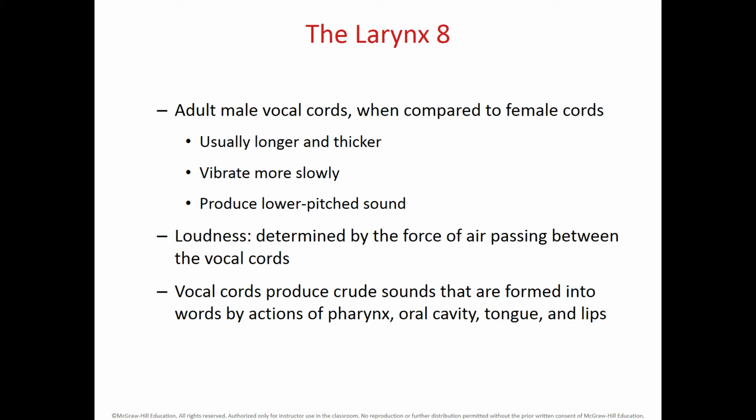Now there is a space between the vocal cords that is called the glottis. Don't confuse that with the epiglottis. And this glottis can open and close as you tense these vocal cords so that you can produce voice at different pitches, but also the voice will be modified by movements of the oral cavity, the tongue, the lips, and the pharynx.